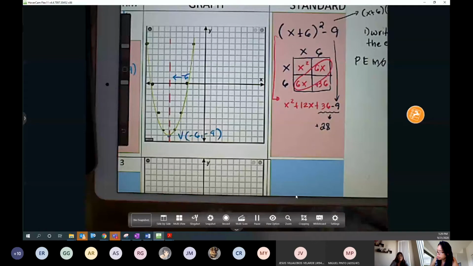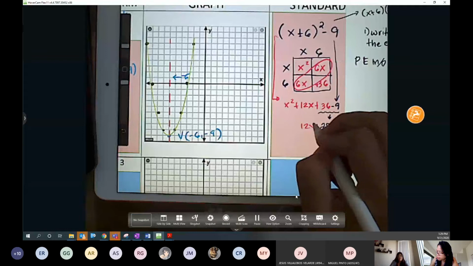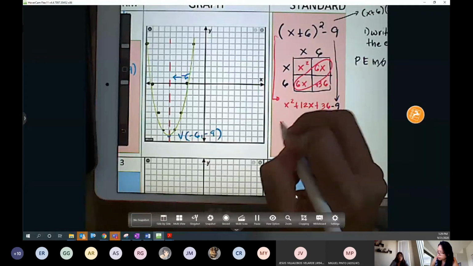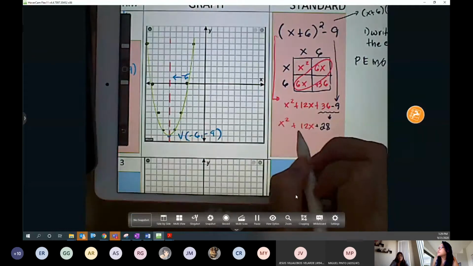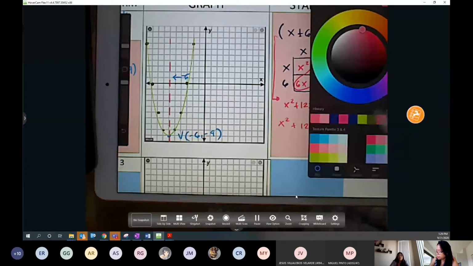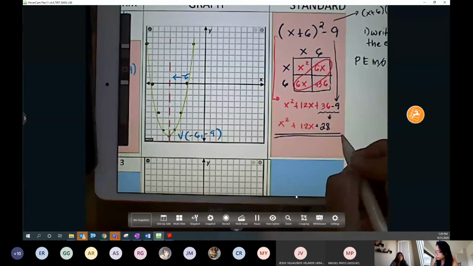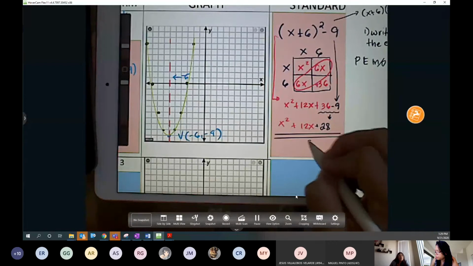And then we copy the 12x and the x squared. Okay, so this should be your standard form.